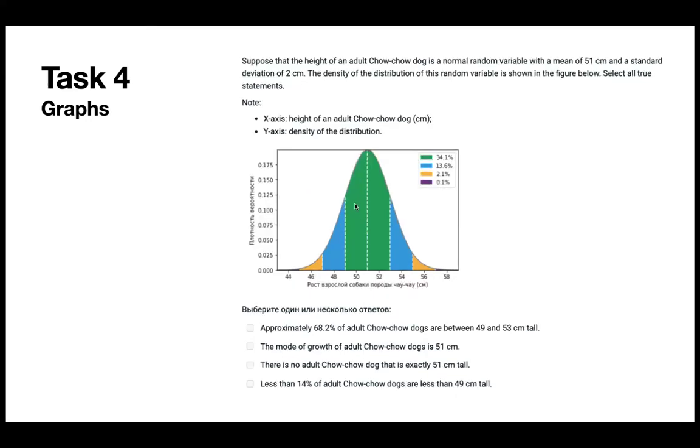So have I made it clear now? No, because it shows that the color green is equal to 34%. Why is it partly? Can you repeat it? It shows on the graph that the green color is equal to 34%.